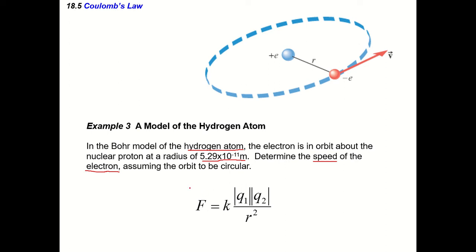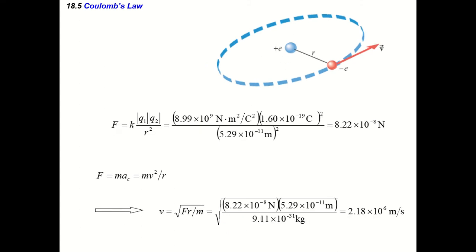So to calculate this, we have to make use of this formula, class. Electrostatic force is equal to the product of the absolute value of the charges multiplied by the constant, which is 1 over 4 pi times epsilon sub 0, divided by the square of the distance between these two charges.